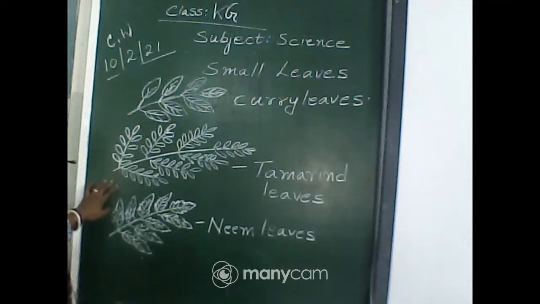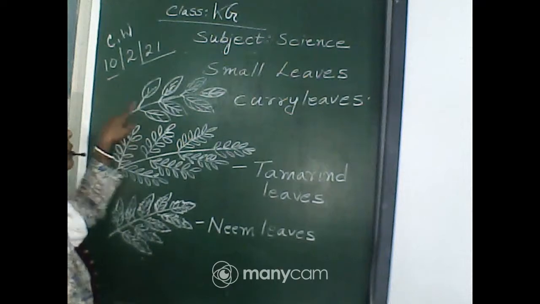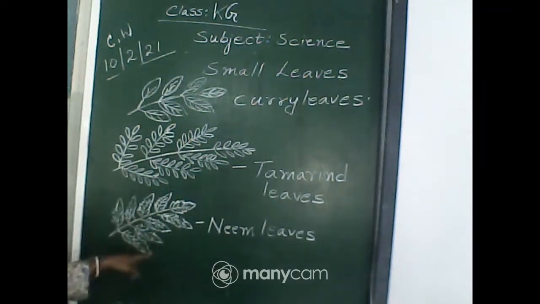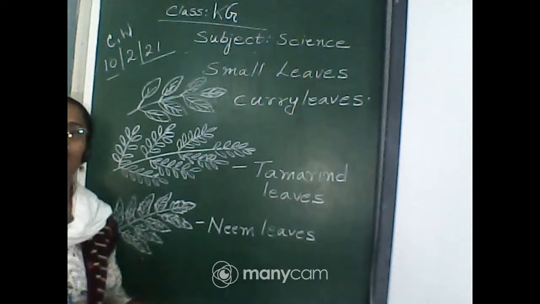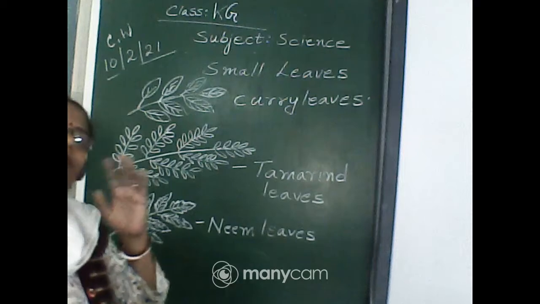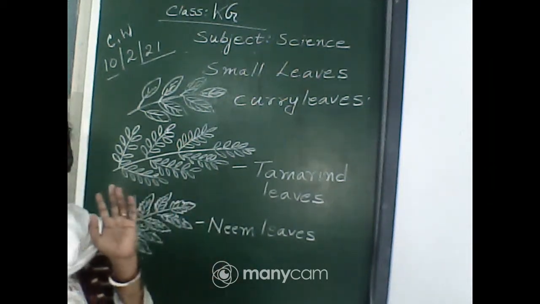So here you can color it with green, sap green, or a little bit deep shade of green. Here curry leaves also, you can color it with light green or a little bit deep shade, and neem leaves also. Each and every plant or leaves are having different shades of green, so you should notice the plants very nicely.